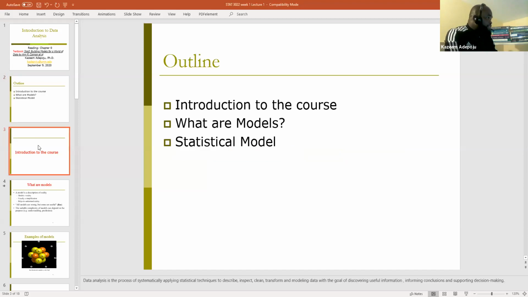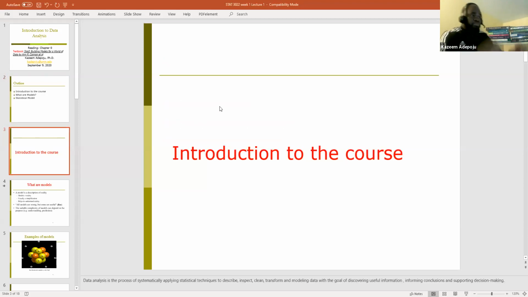And because of that, I'm going to define data analysis as the process of systematically applying statistical techniques, okay, to describe, to clean, to transform, and to model data, with the goal of discovering information.